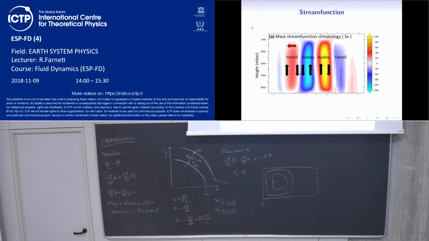So that's positive, and it should give you negative. Then maybe the convention here is different. This is the opposite. Strange, because this is the usual convention. The v is minus dpsi/dx.